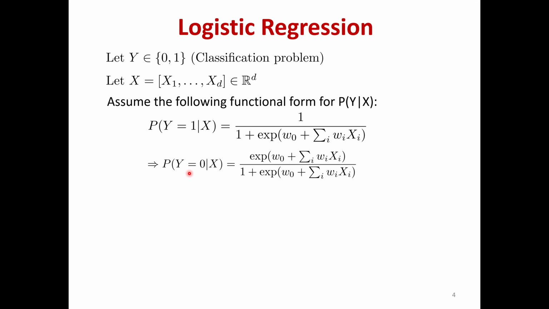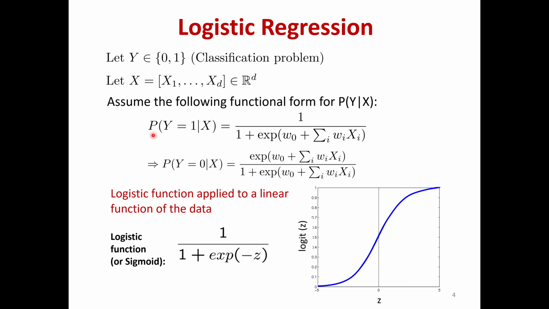The probability that y is 0 given x is just this expression here. The decision function is therefore nothing else, just a logistic function applied to a linear combination of the input feature vectors. Therefore, the name of this classification method is logistic regression.